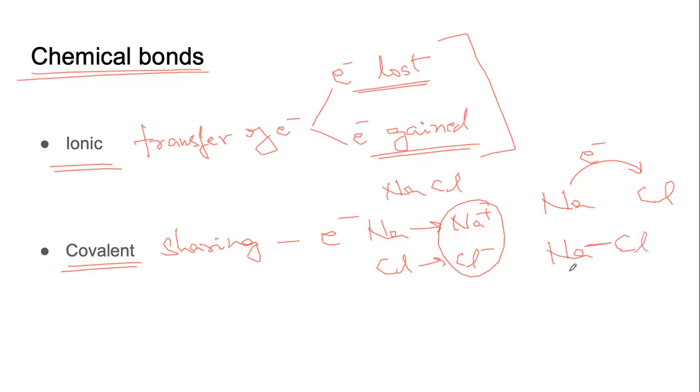This bond is an ionic bond. Na+ is a cation, Cl- is an anion. Is it right or is it wrong? Na+ is a positive ion, it's a basic radical. Cl- is a negative ion, it's an acidic radical.